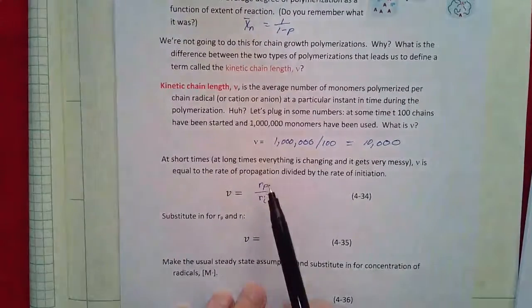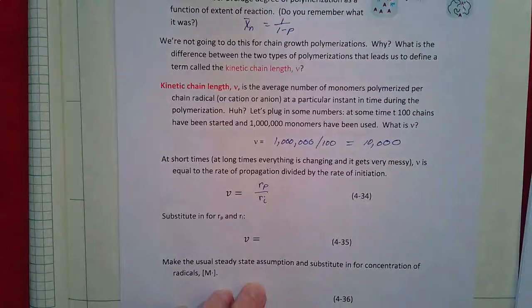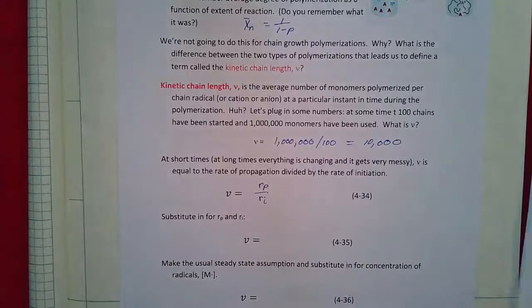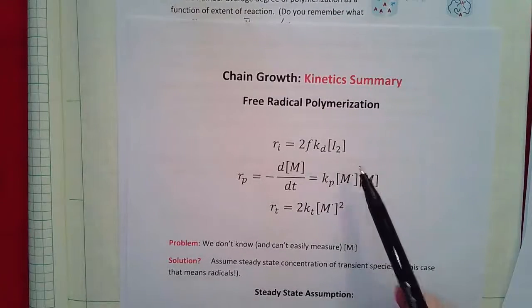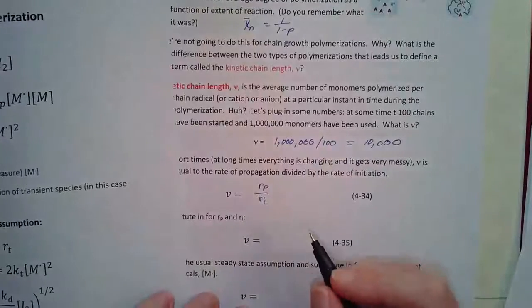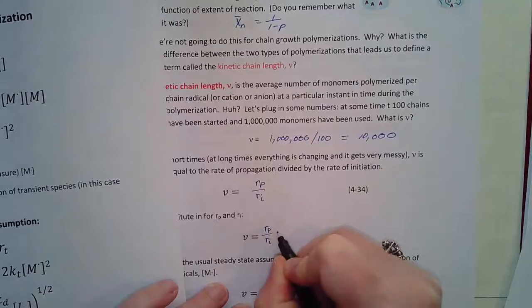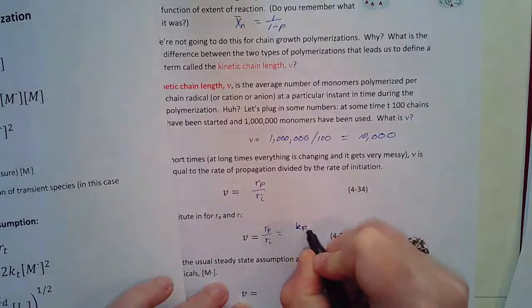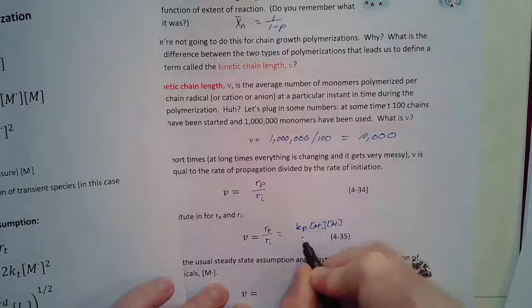So we can very quickly take this and substitute in Rp and Ri. So my rate of propagation over my rate of initiation equals kp times the radical concentration times the monomer concentration.